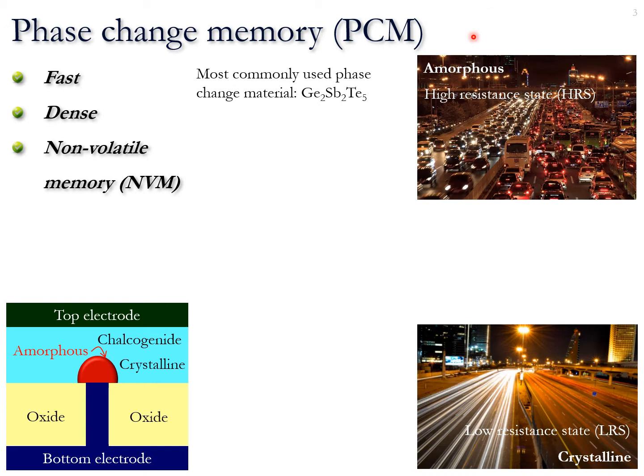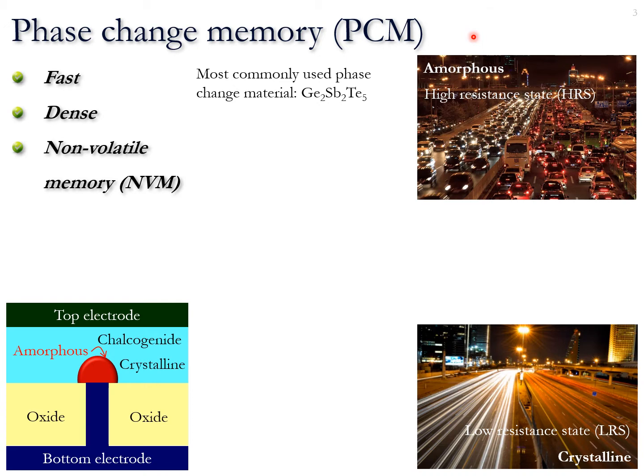The resistance of the phase change material can be switched between different resistance levels when appropriate electrical pulses are applied. The high resistance state is called the amorphous or HRS, and the low resistance state is called the crystalline or LRS.